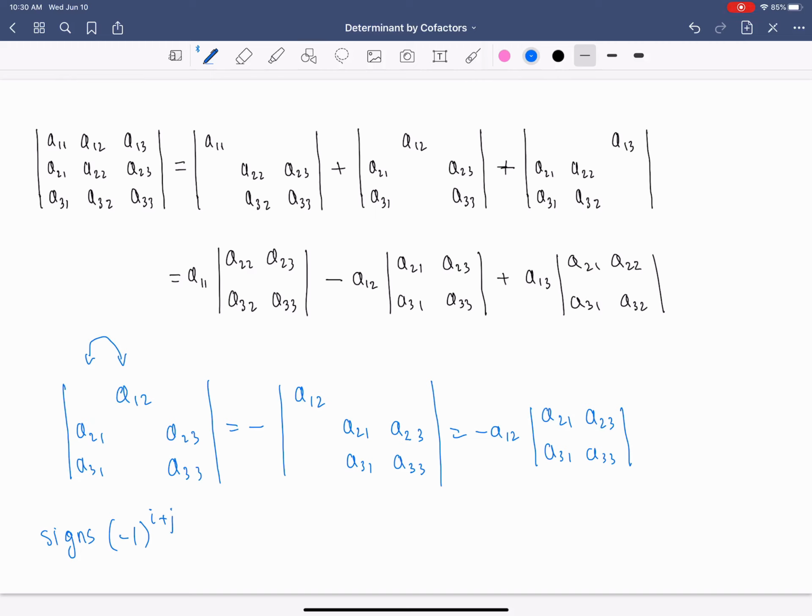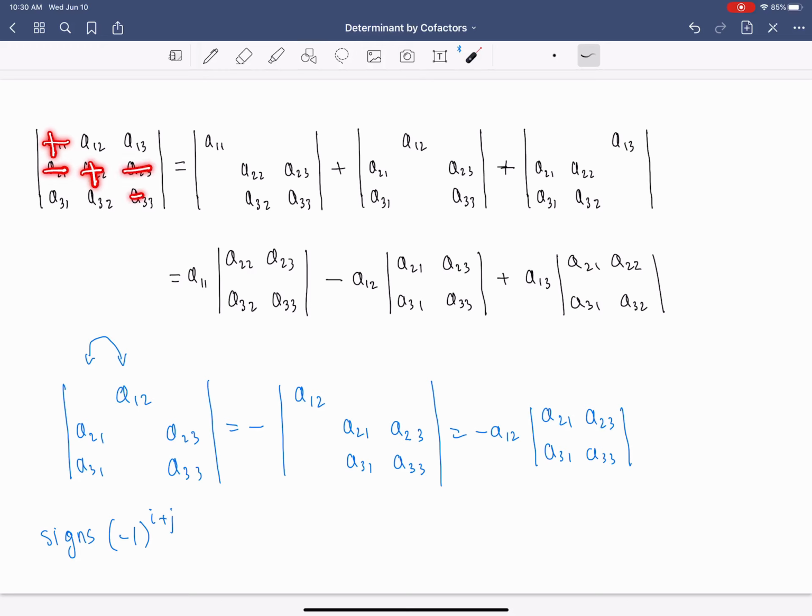So for 1, 2, i is 1, j is 2, 1 plus 2 is 3, it's an odd number. -1 to the power of an odd number is -1. So if you look at the matrix here, 1 plus 1 is an even number, so that gives you plus. 1 plus 2 is an odd number, that gives you minus. 1 plus 3 is an even number, that gives you plus. 2 plus 1 is odd, minus. So you see you have plus, minus, plus, and then from this plus, continue minus, plus, minus.